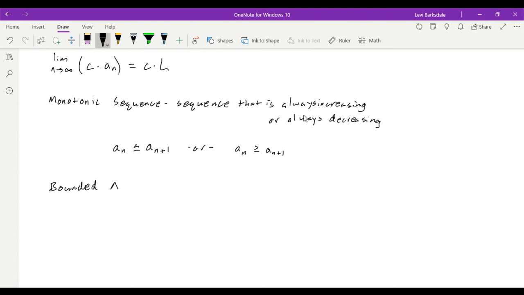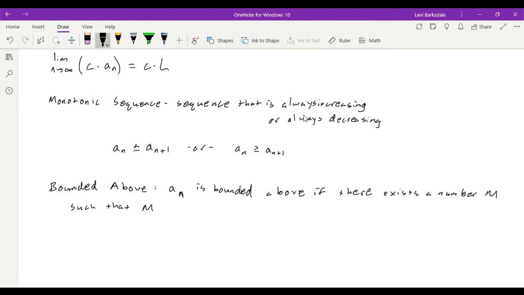Next, we have the concept of bounded above. And we could say that a sequence a sub n is bounded above basically if we can find a number where we can say this number that we found is bigger than every term in a sequence. And if we wanted to express that more mathematically, we could say something like this.